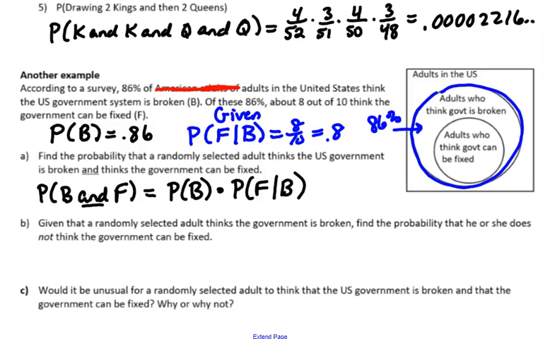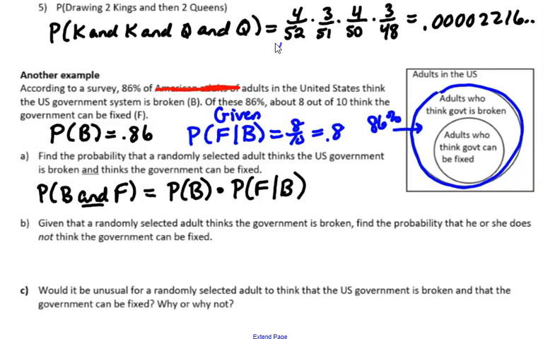There's a conditional probability here: the probability that people think the government can be fixed is based on the fact that they already think it's broken. All right.